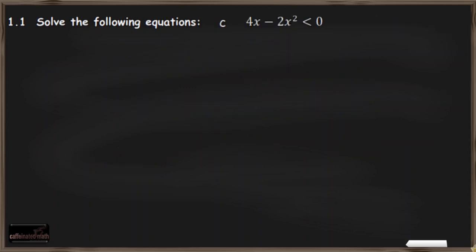Well, now we have an inequality of the quadratic nature. Well, that's what we've been dealing with. So let's just take this and swap those terms around. So we'll have -2x squared plus 4x. Remember, I like descending powers of x. And then let's just divide by -2.